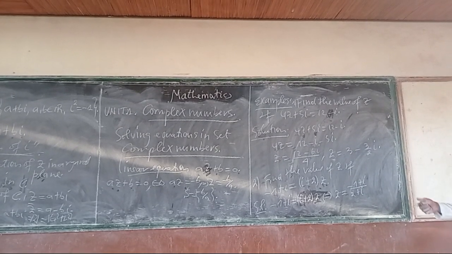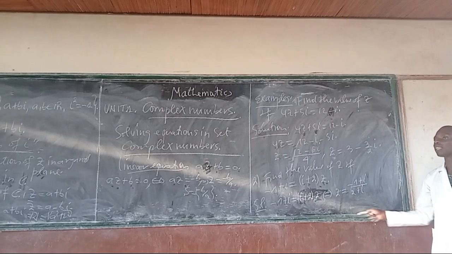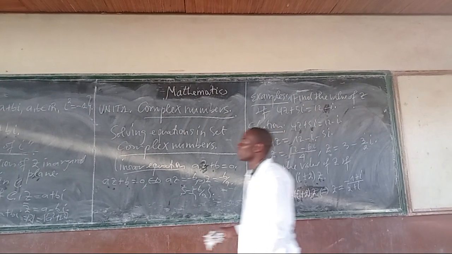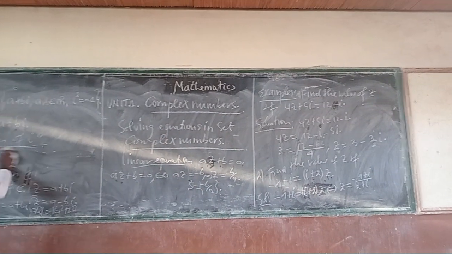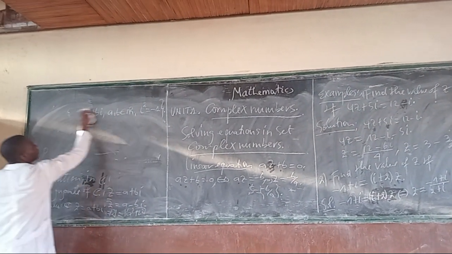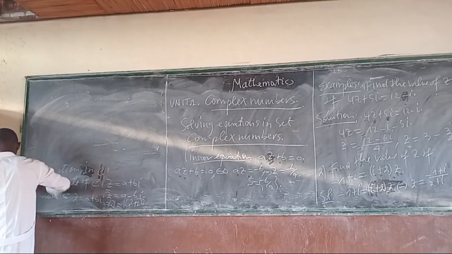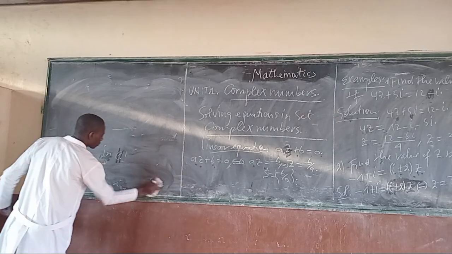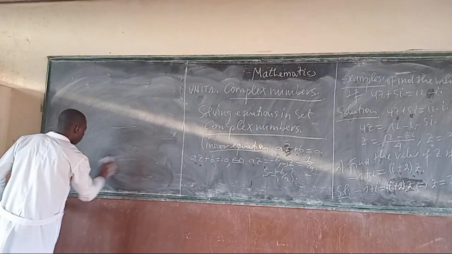And in this case, if you remember, we cannot leave z like this. We have to find the exact value of z in its algebraic form.